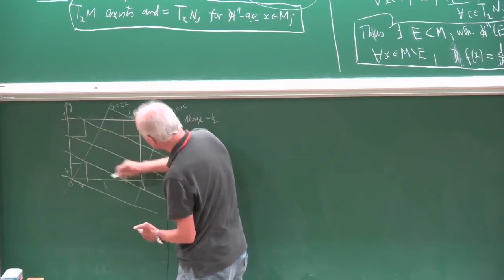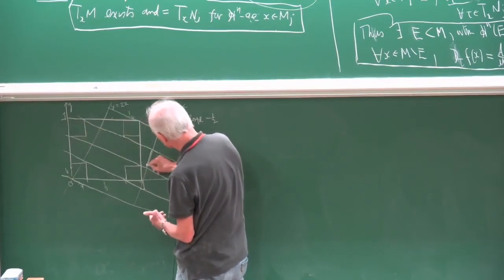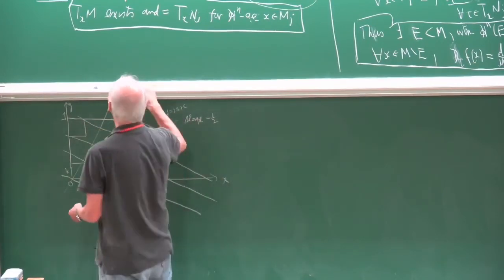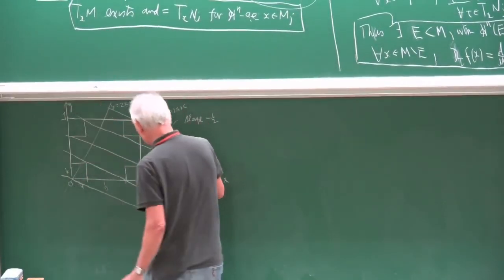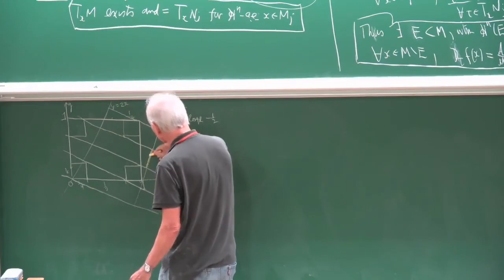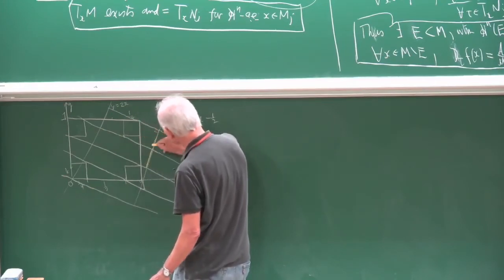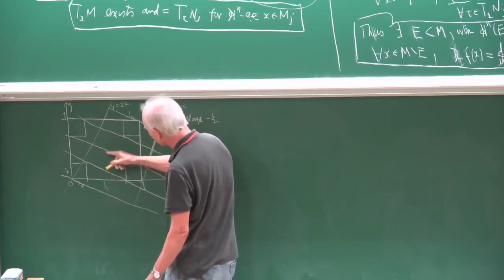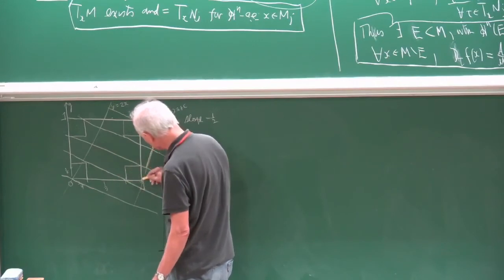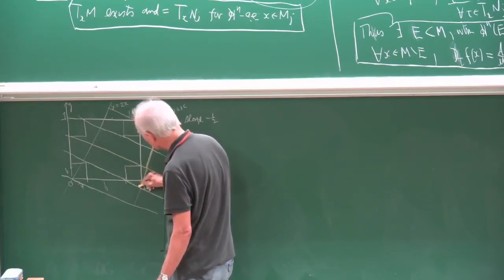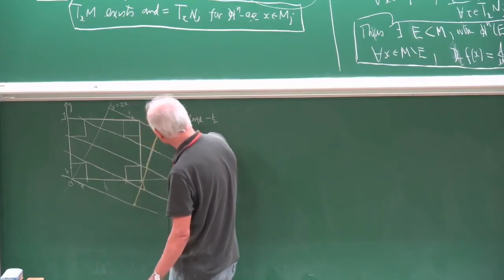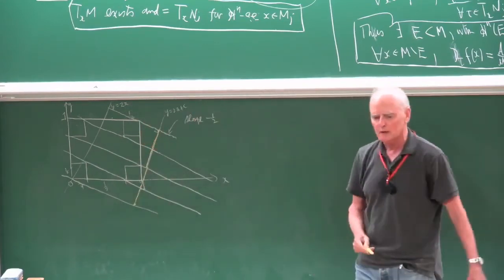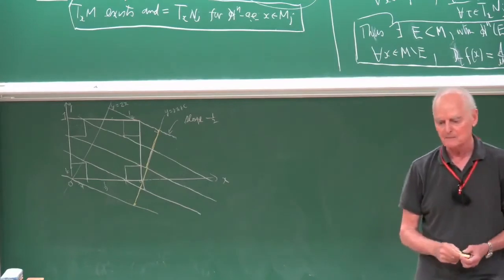For instance, this one here projects onto that segment, this one here projects onto that segment, this one projects onto that segment, and this last one projects onto that segment. So these 4 squares still project fully onto that line segment.